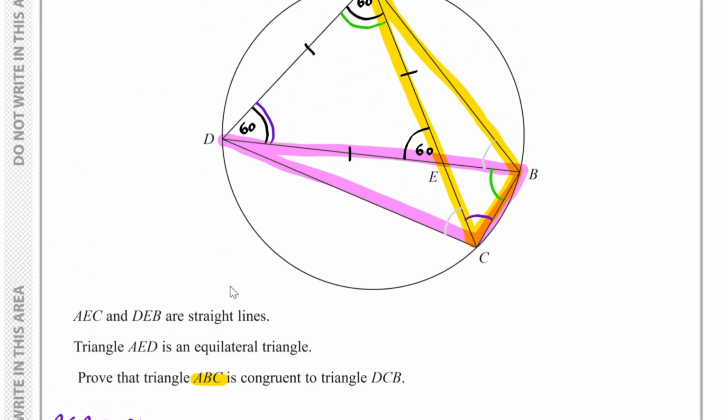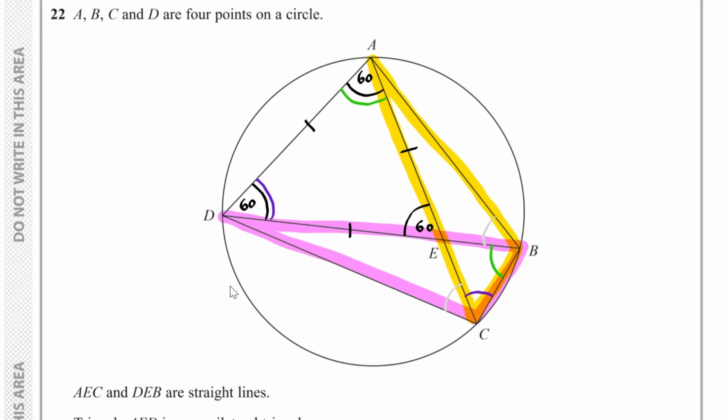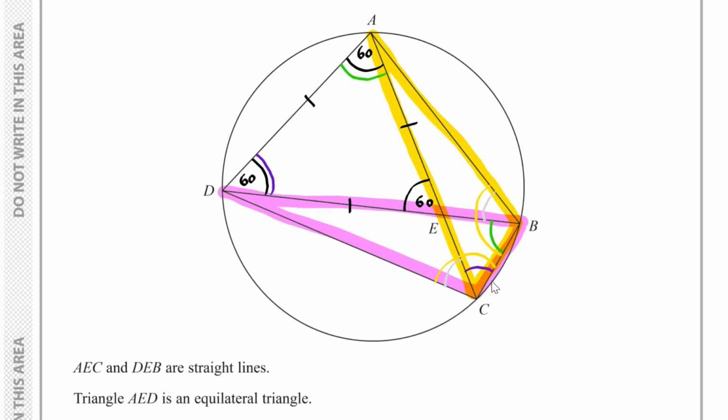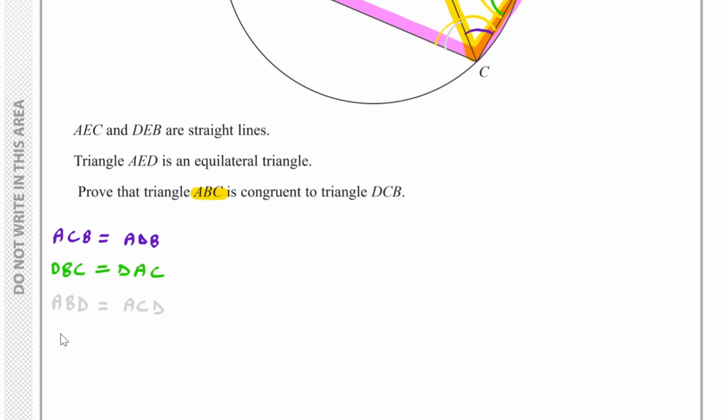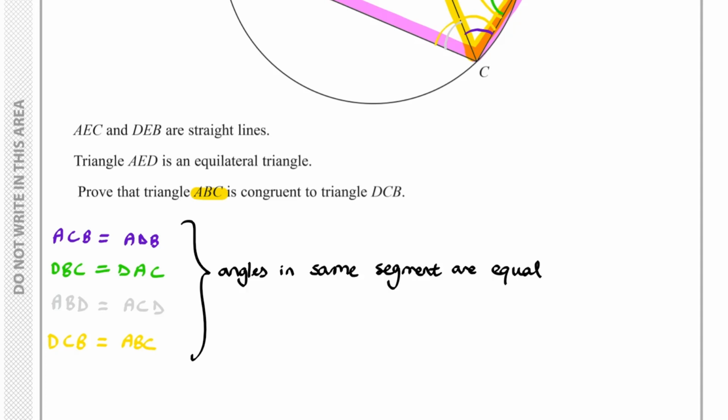And what we also see is DCB, so DCB, that's this entire angle, is the same as ABC, which is this angle over here. Okay, so let's just write this down. We have DCB, which is equal to ABC. So the reason for all these is that angles in the same segment are equal.